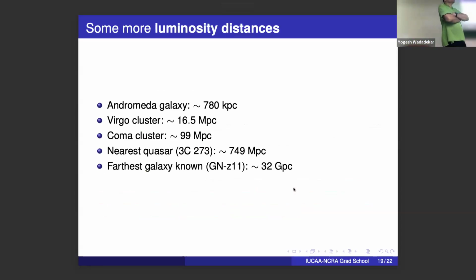You have to measure the distance somehow. You use separate variables for the distance, you get the distance and so on. But why is it called a luminosity distance?